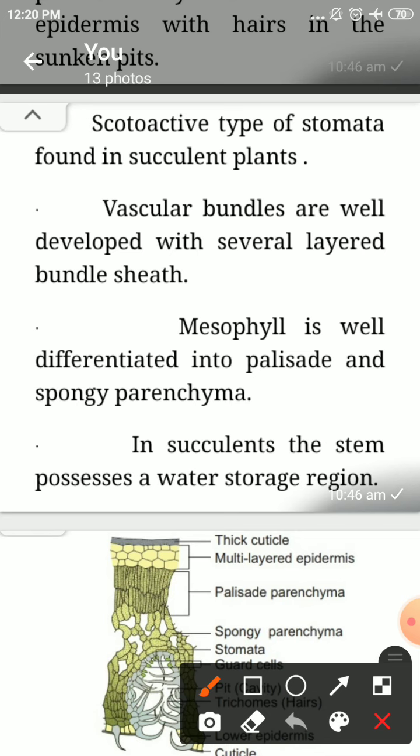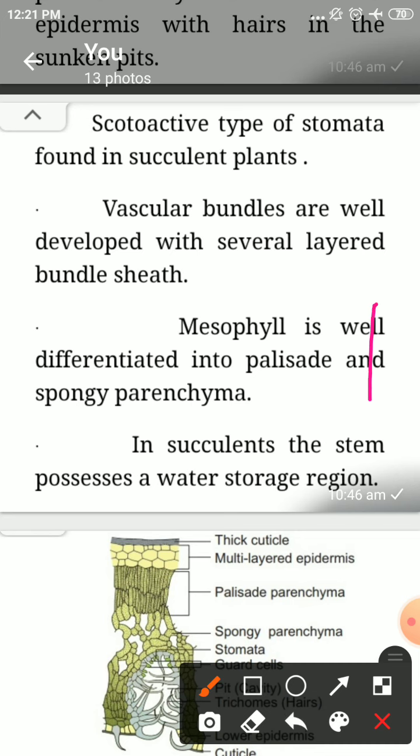Water loss from the plant body should be avoided, and therefore in the sunny daytime these plants keep their stomata closed, which open only during the night. This is called scotoactive stomata, which helps in reducing the loss of water.